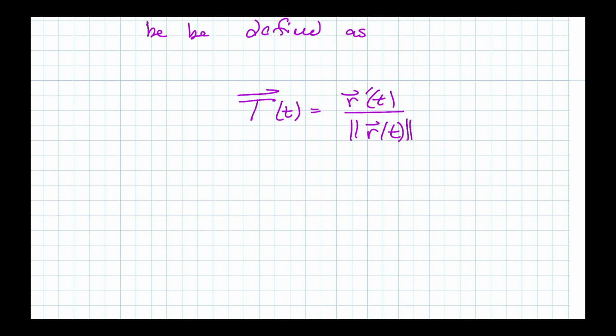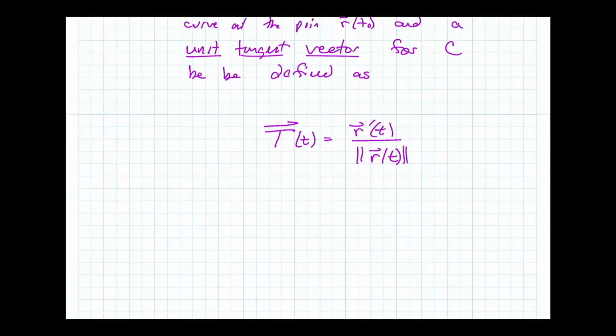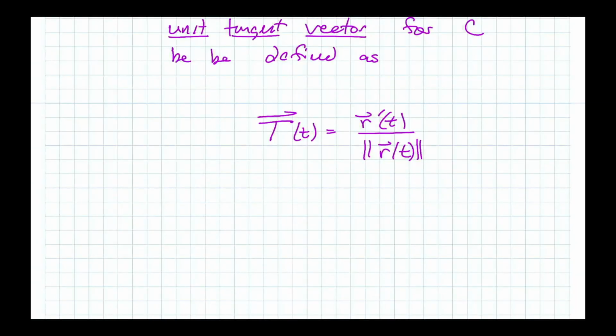And that's just because that's how you make a unit vector, right? Divide a vector by its length and it's a unit vector. So the unit tangent vector can be defined this way. Okay, and that's provided that the magnitude of r prime is not zero.